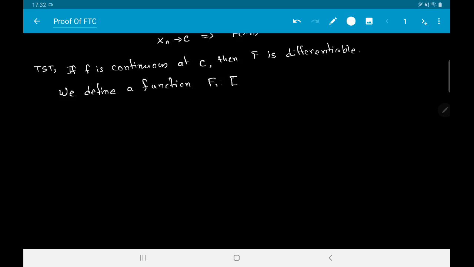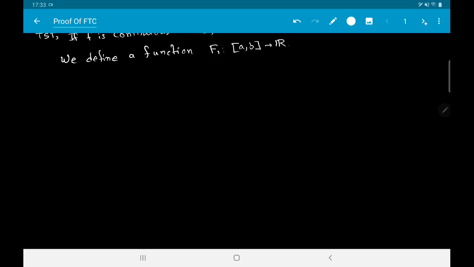This is another function that we are going to introduce for the proof of the fundamental theorem of calculus. And how is this function defined? F1(x) is given by (F(x) minus F(c)) divided by (x minus c), of course in this case we want x not equal to c, and small f(c) if x is equal to c.